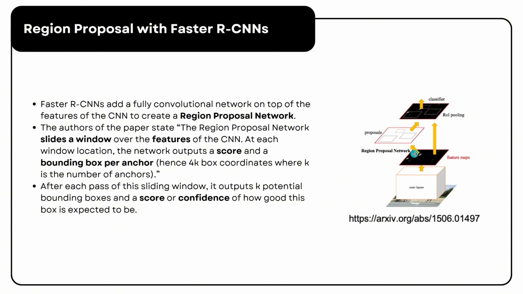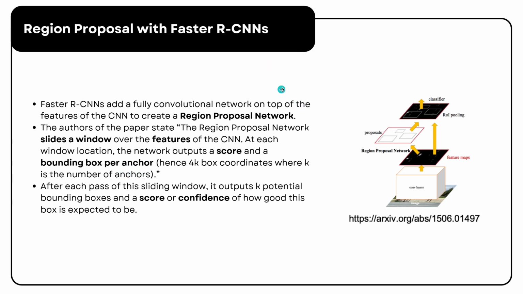Instead of using selective search, the RPN slides a small window over the feature map created by the CNN. At each window location, the RPN predicts a confidence score, is there an object here or not, and the bounding box coordinates for each predefined anchor.